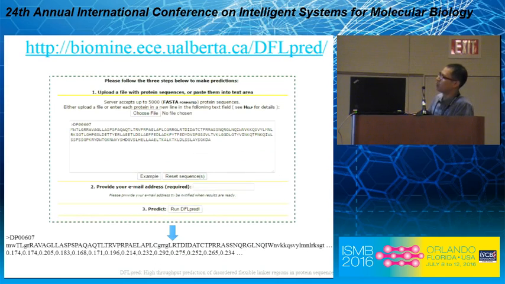Our method is provided as a web server at this address. Users can copy and paste their query sequence in this text box. They can also upload their sequence file with this button. DFLpred outputs a probability score for each residue to be a DFL. We use a cutoff value of 0.18 to assign the class label.